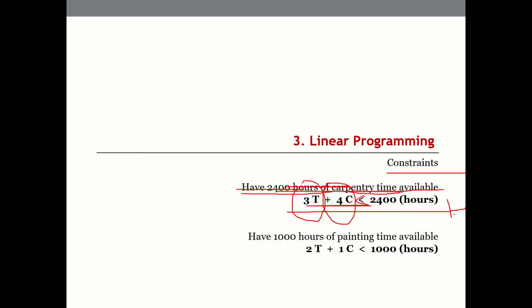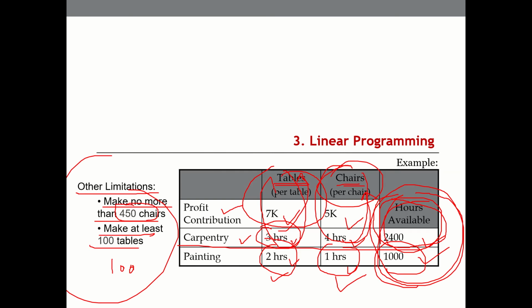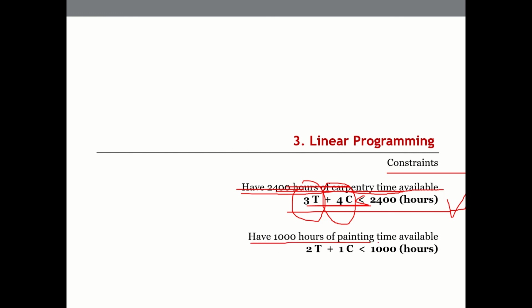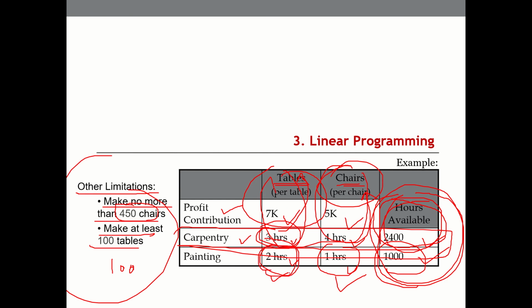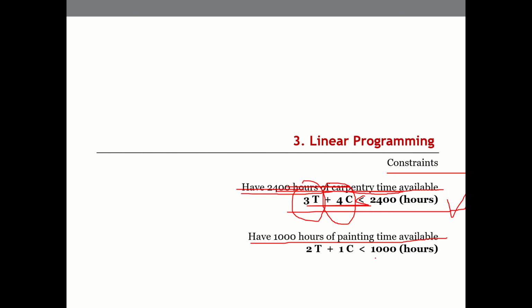This is one equation, where the carpentry hours are taken into consideration. Second, we have 1,000 hours. Within this, we need 2 hours for a table and 1 hour for a chair, less than or equal to 1,000 hours of available time for painting.